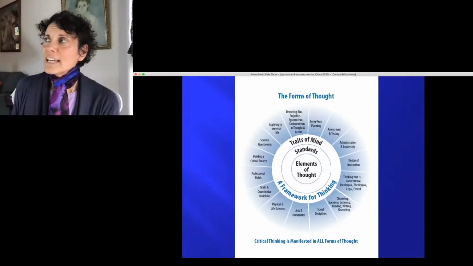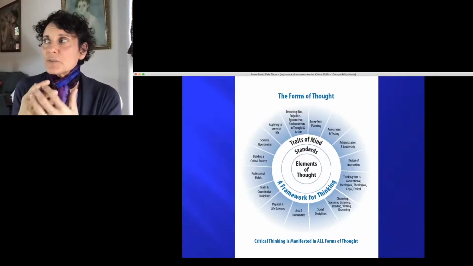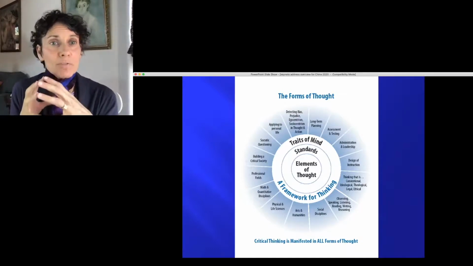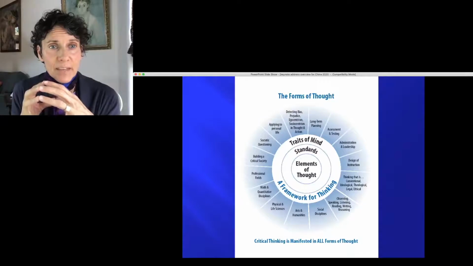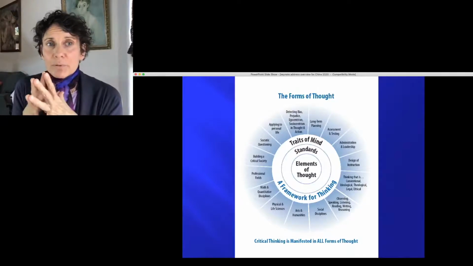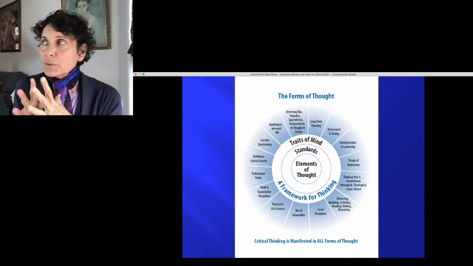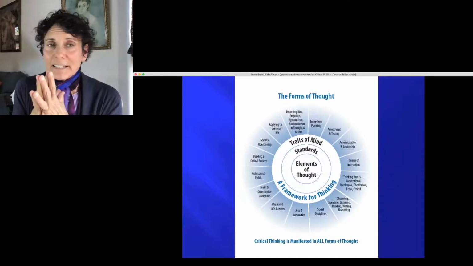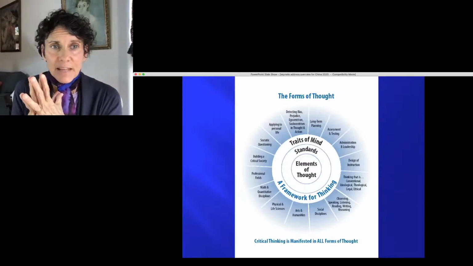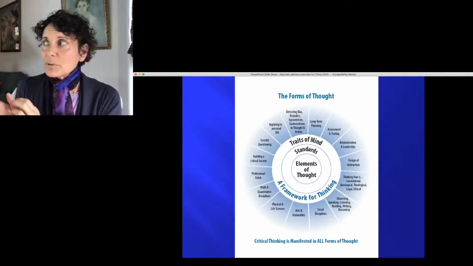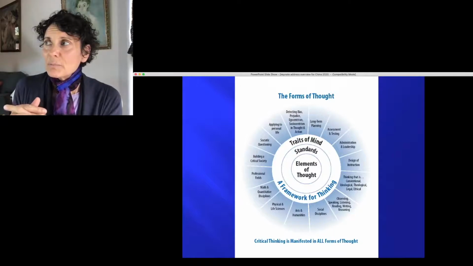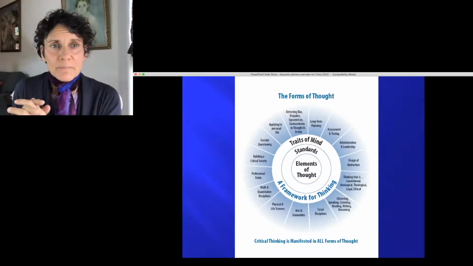So you can take the elements, the standards, and the traits together. They form a framework for thinking that enables you to think through any field of study. And these are just some examples that could be added to this list, but this is an unlimited list that could be created.